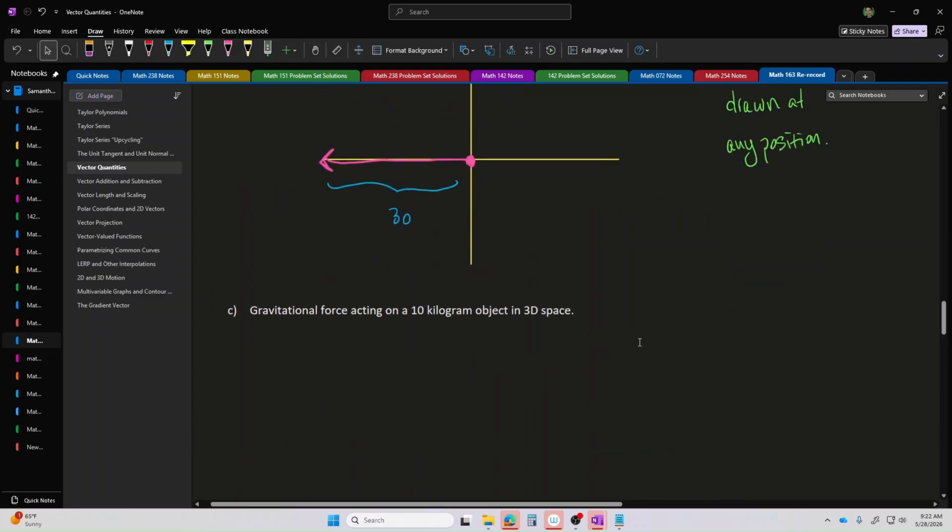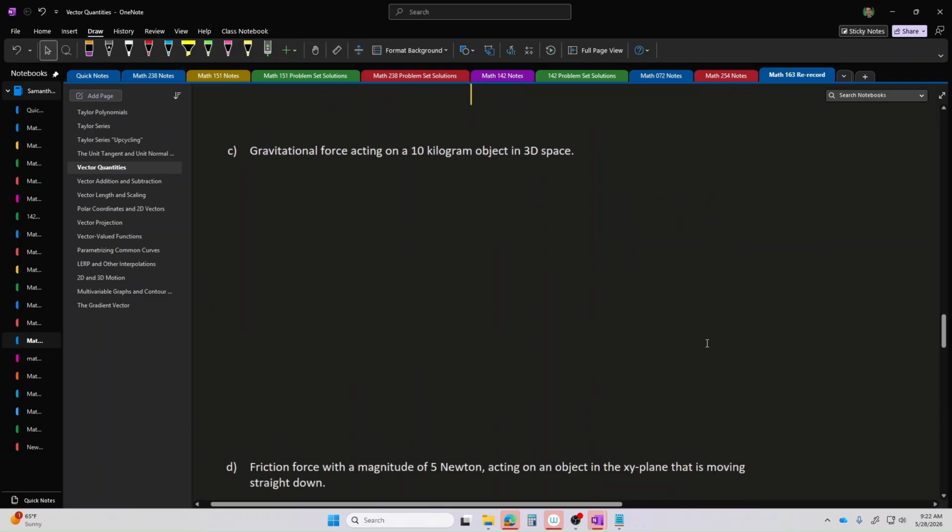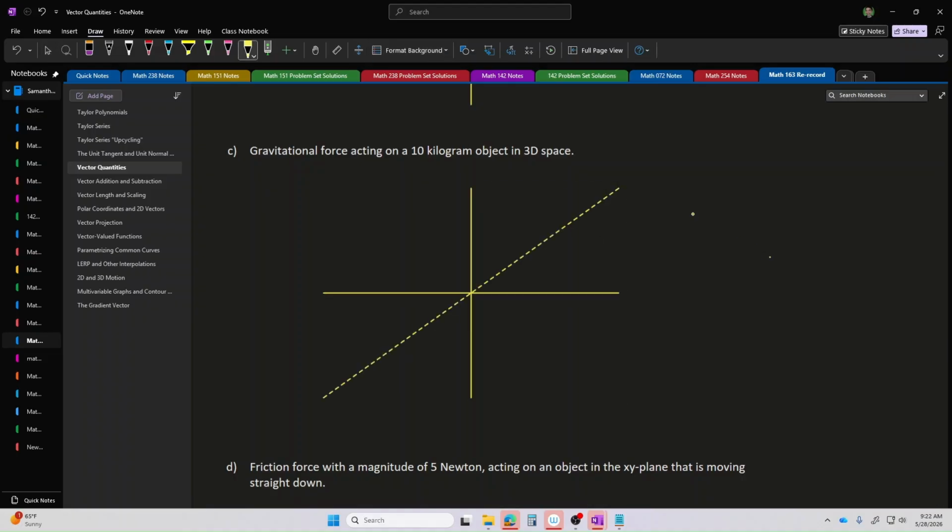Let's go ahead and draw a vector representing standard gravitational force, standard Earth gravity, acting on an object with a mass of 10 kilograms, situated in three-dimensional space. So here is a copy of three-dimensional space.